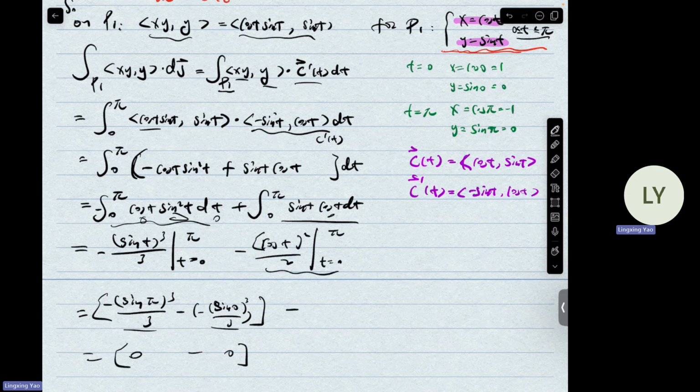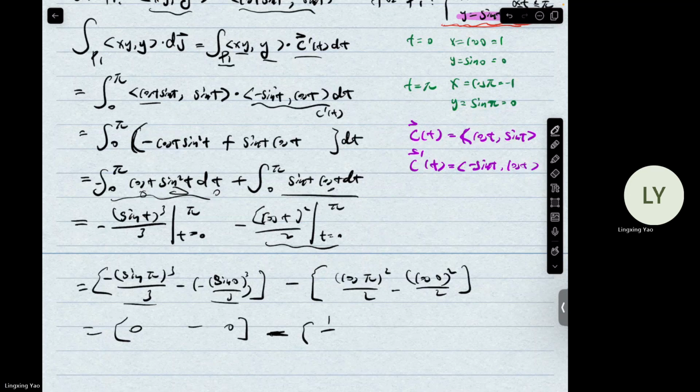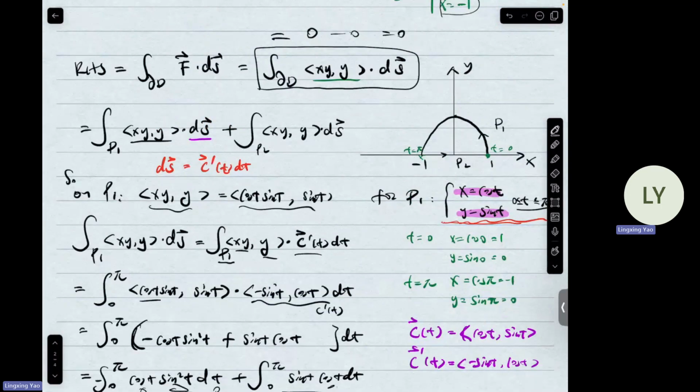And for the second piece, this is cosine pi squared over 2 minus cosine 0 squared over 2. And this is becoming, well, because cosine pi is negative 1, negative 1 squared is 1, and this is also just 0. So on part one, the half circle, we got the line integral of this vector field to be 0.